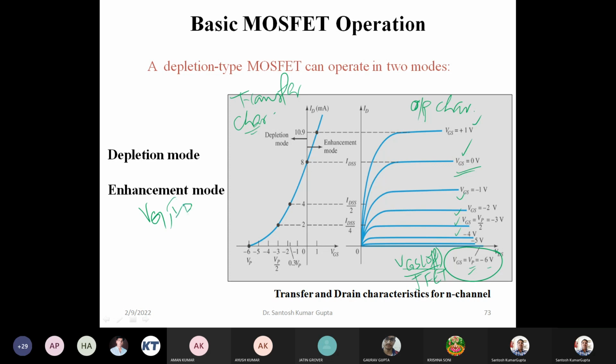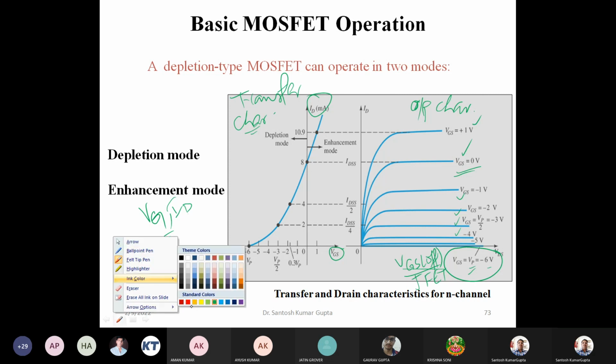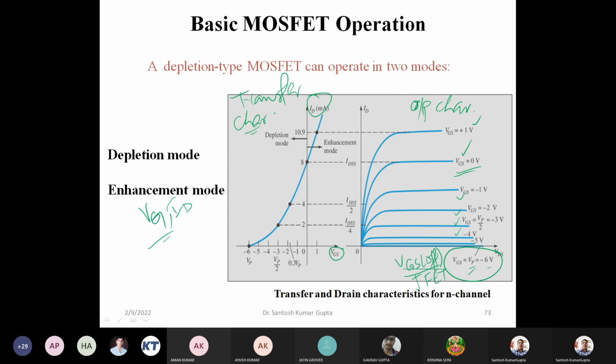So a graph which relates the drain current with the VGS, that we call a transfer characteristic here, is shown over here. So for VGS 0, we have the maximum current here, IDSS, similar to the JFET, IDSS, some nominal value.